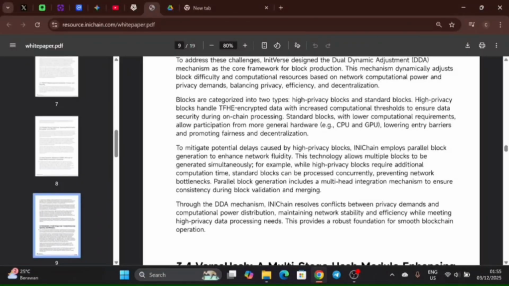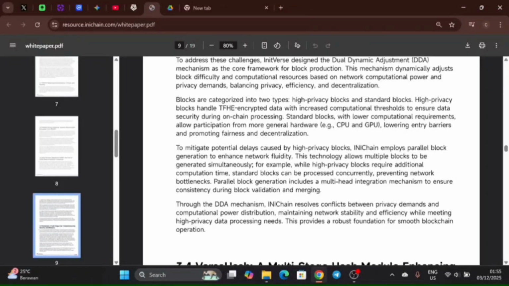This technology allows multiple blocks to be generated simultaneously. I mean, InitChain uses parallel block generation to enhance network fluidity.